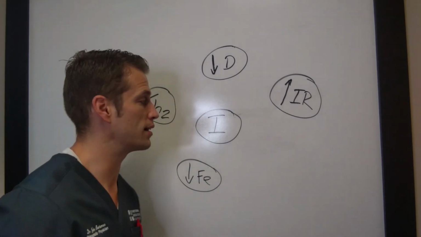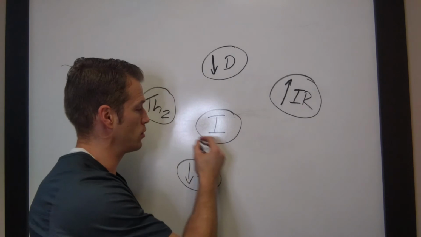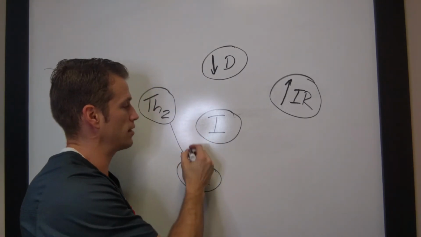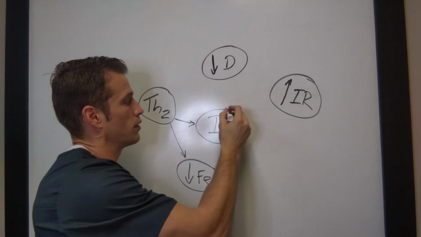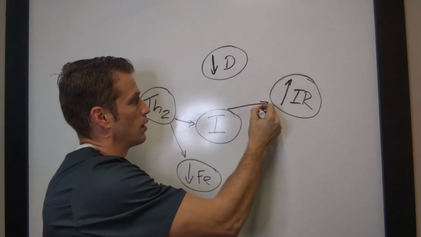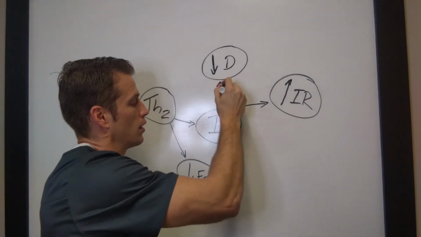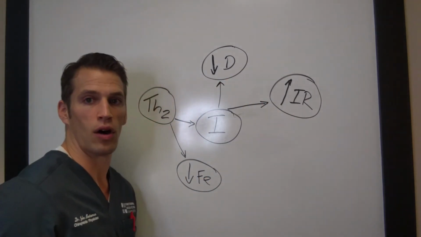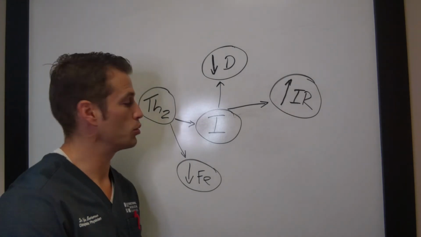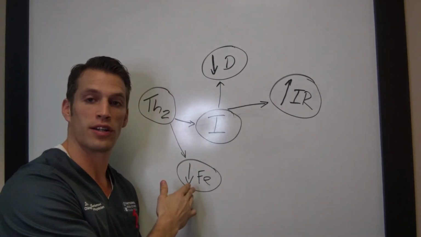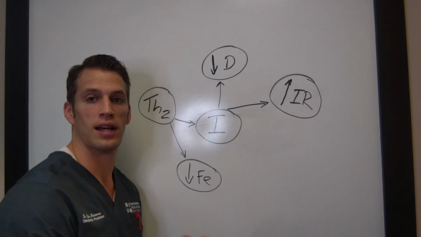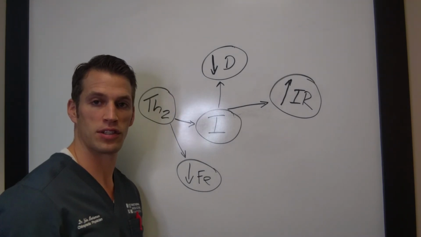So what do we see in this person? In this person we see these interconnections. We see that the Th2 bias is leading to iron sequestration, so that the iron is being pulled out of the serum so pathogens can't use it to hurt the human.